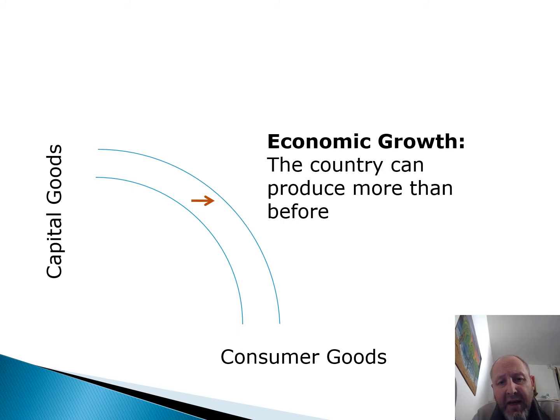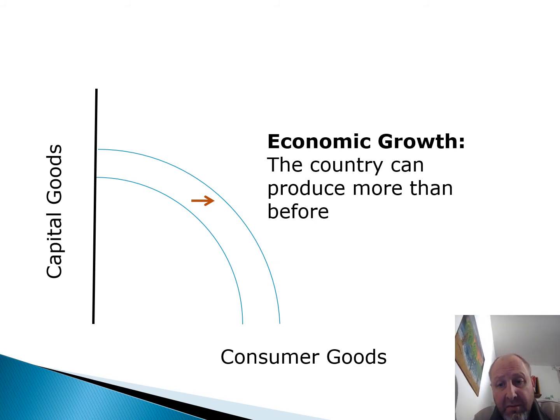In this example, the PPC has shifted outwards. How could it do that? Well, governments could train their people so that they become more productive. The productivity rises, and with the same number of people and the same number of resources, they can produce more of consumer goods and more of capital goods. Alternatively, they could have an influx of skilled labor.